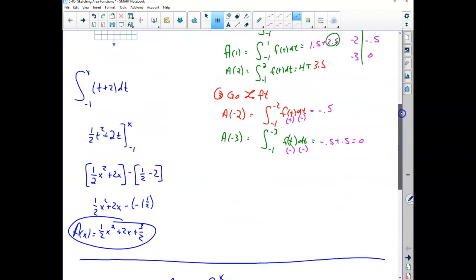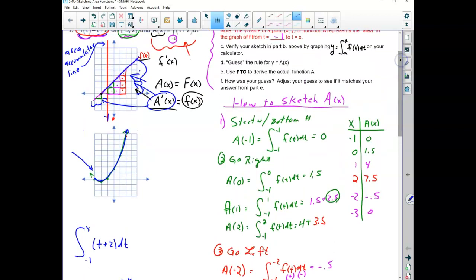And check this out. From right here all the way across, I'm increasing and positive, which meant A was concave up.